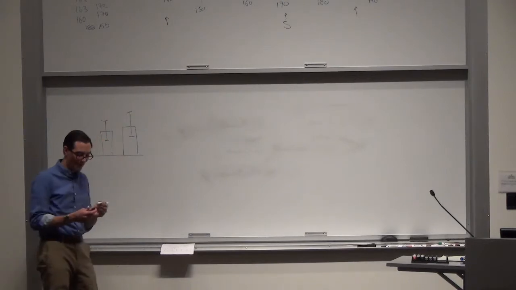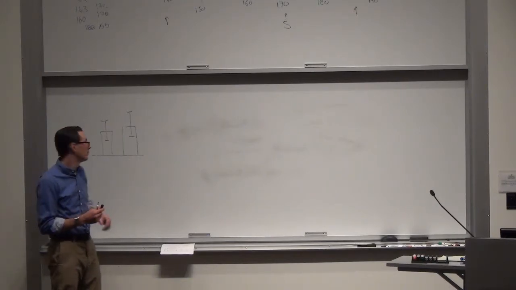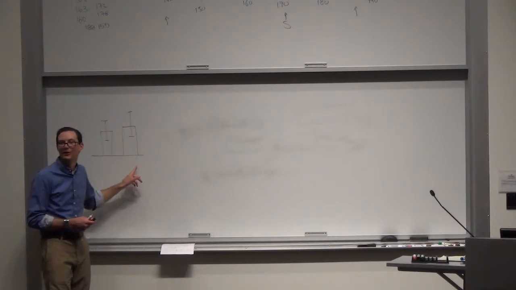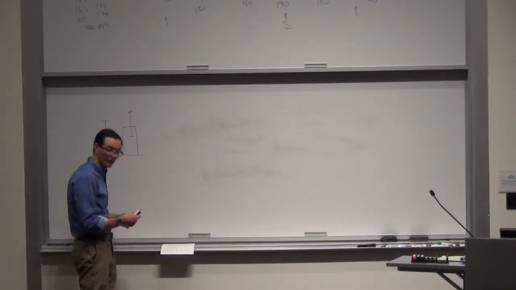So what's the biology that's happening here? What's driving this effect? I don't know. Maybe the mice that were eating this chow lived a little bit longer in general. Or maybe, so it's hard to say.